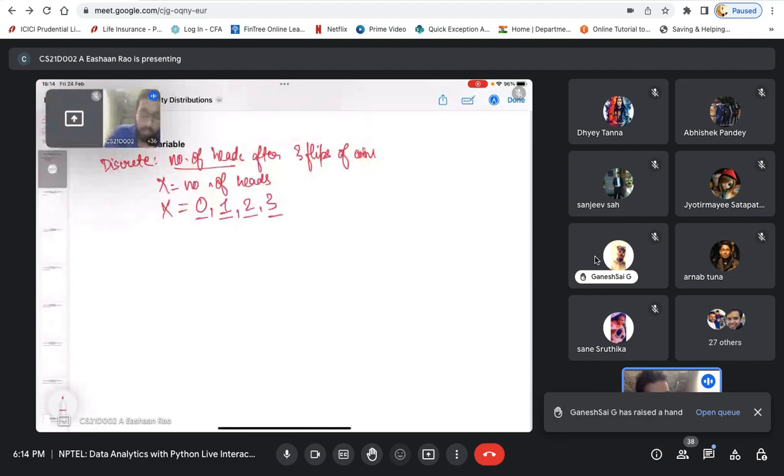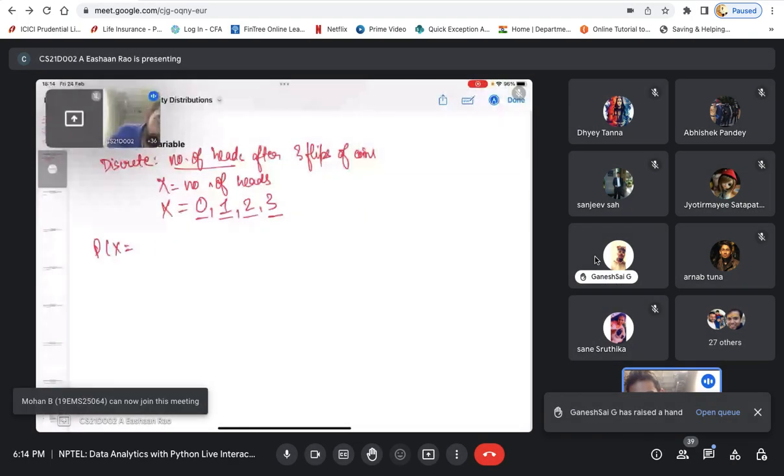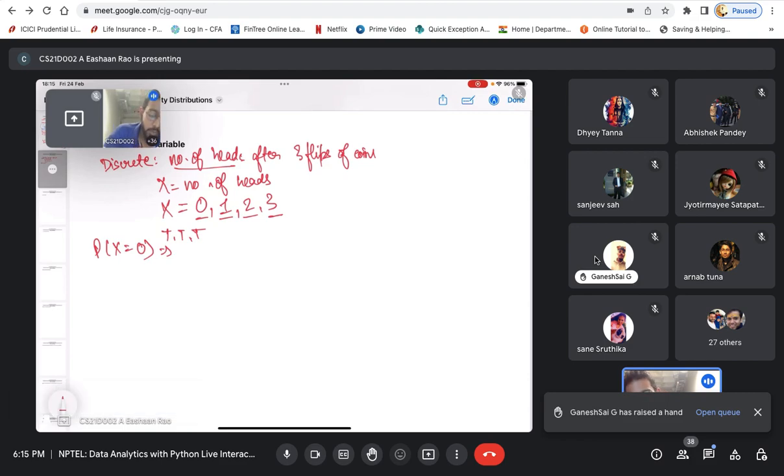Now we have to calculate the probability of all these scenarios. If x is equal to 0, that means no heads, all tails would have come in the 3 instances. What is the probability of that situation? For that we have to create the sample space.